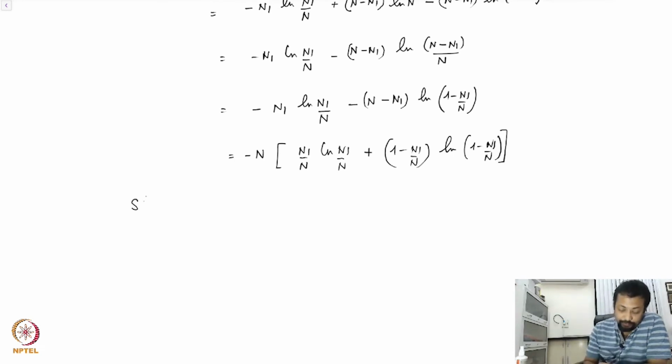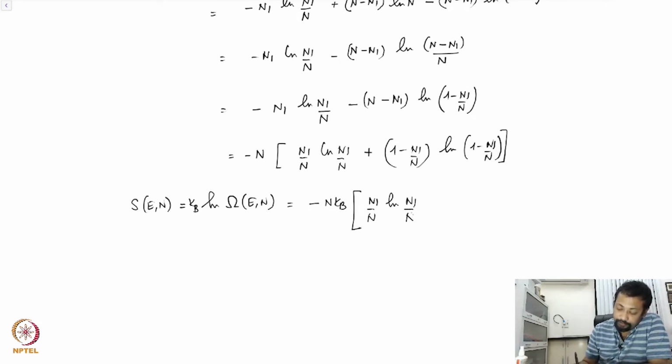Therefore, the entropy, which is a function of E comma N, is ln omega of E comma N with a kB sitting outside: minus N kB [n1 over n ln n1 over n plus (1 minus n1 over n) ln (1 minus n1 over n)].